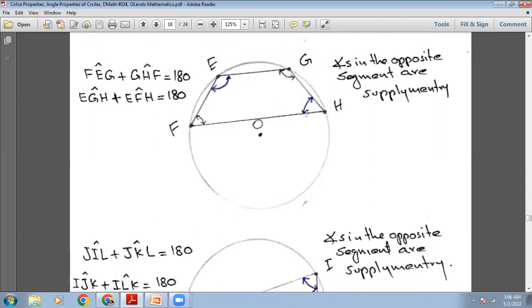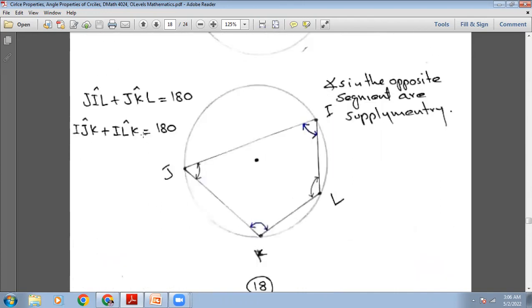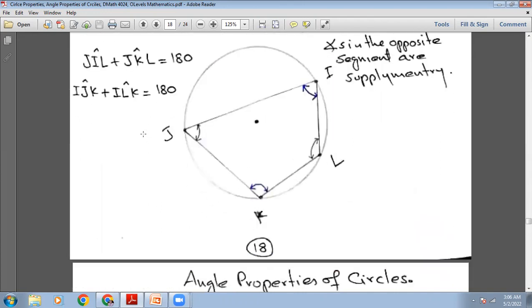So their sum will be 180. The angle G and the angle F, their sum will be 180. We call this property angles in the opposite segment are supplementary. So angle FEG plus GHF equals 180. Angle EGH plus angle EFH equals 180.